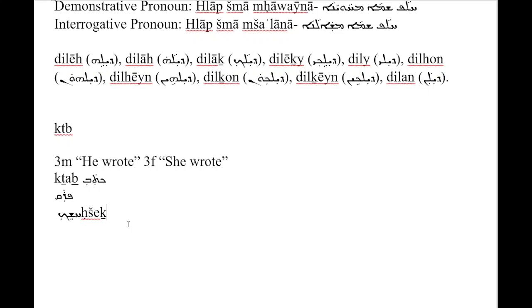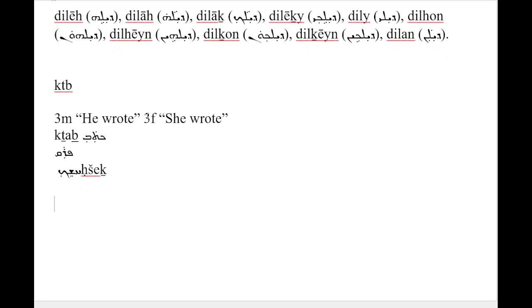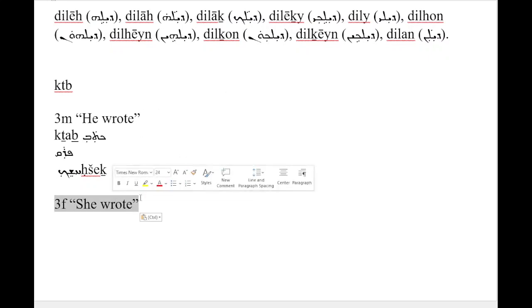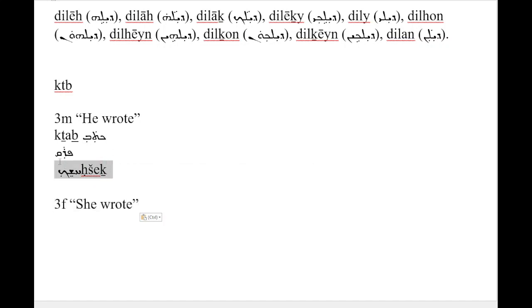And finally, I said we were going to do she wrote. So far we've done kthau, he wrote. Let's do she wrote. So we'll pull this down here. Get rid of these.